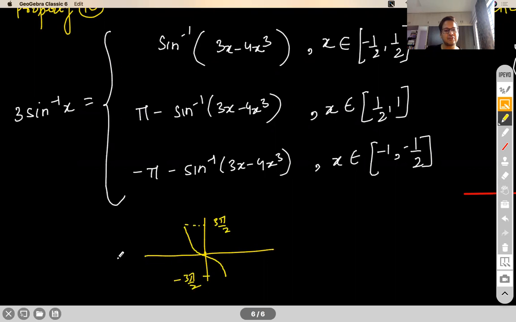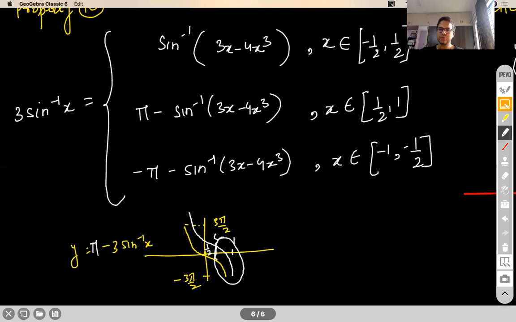So, this is the graph of negative 3 sine inverse x. Now I'm going to give it a push of pi. Push of pi means everything will go up by pi. So this graph will be like this. Now I need that part of the graph which is from half to 1. So I have to cut from here this part.